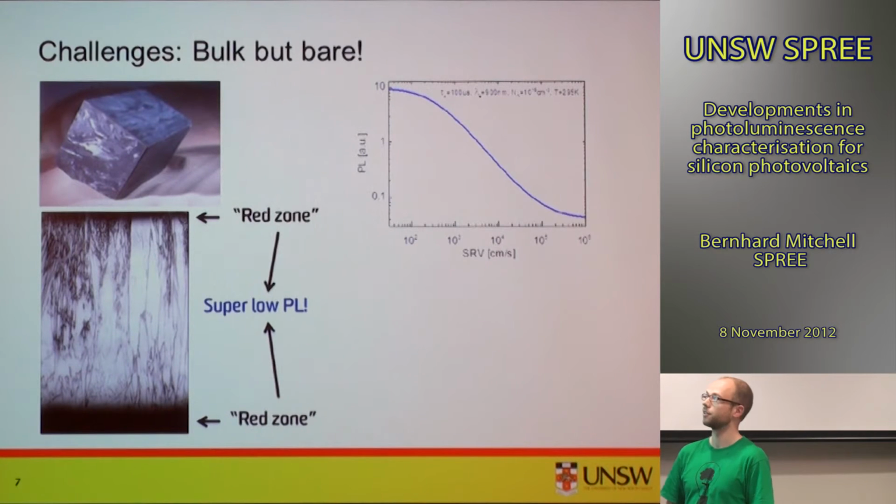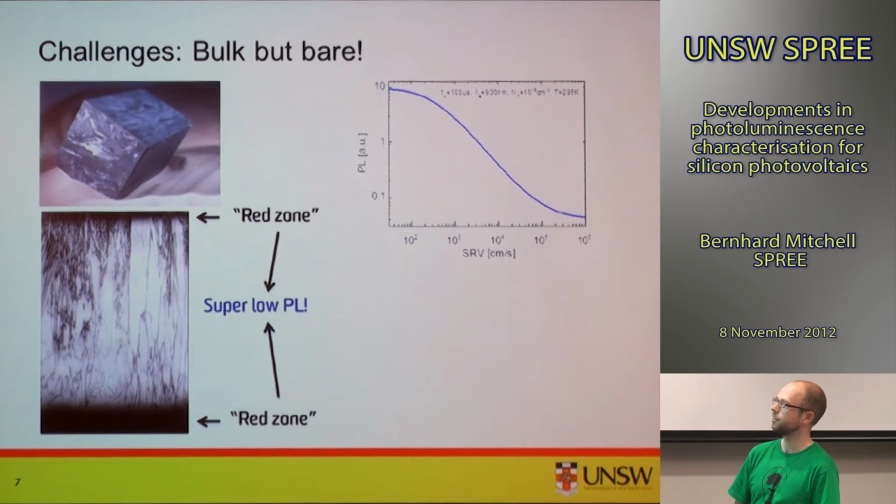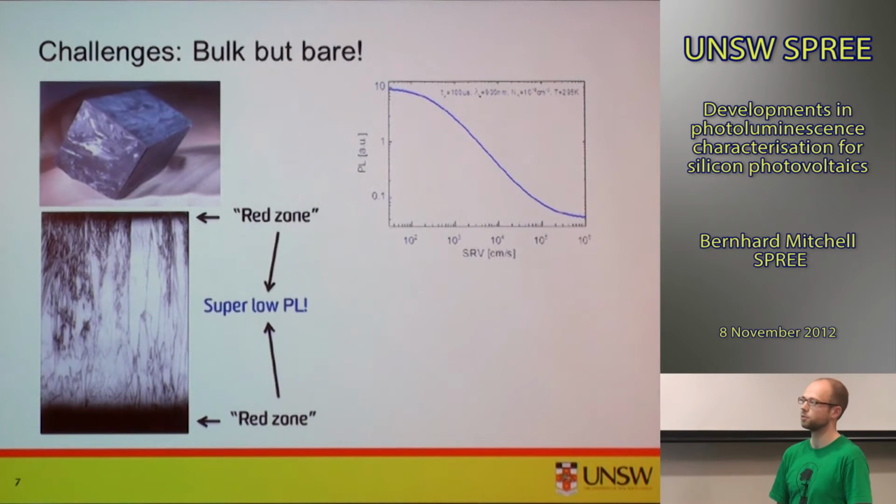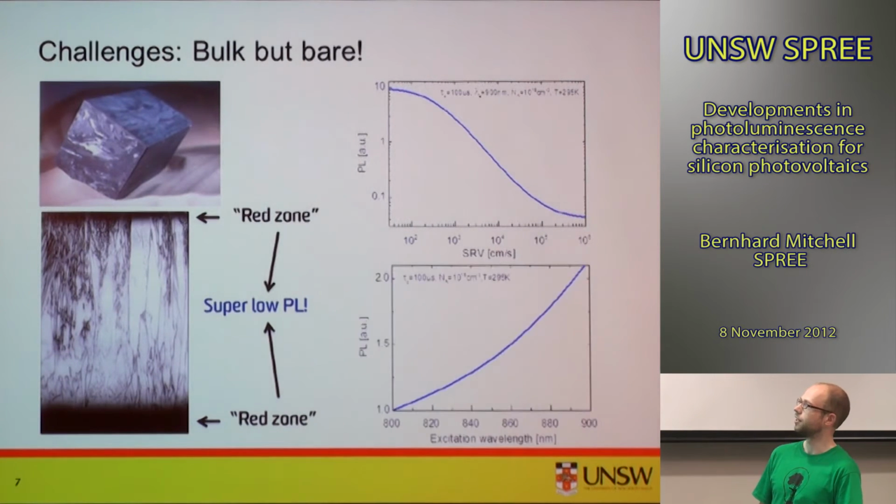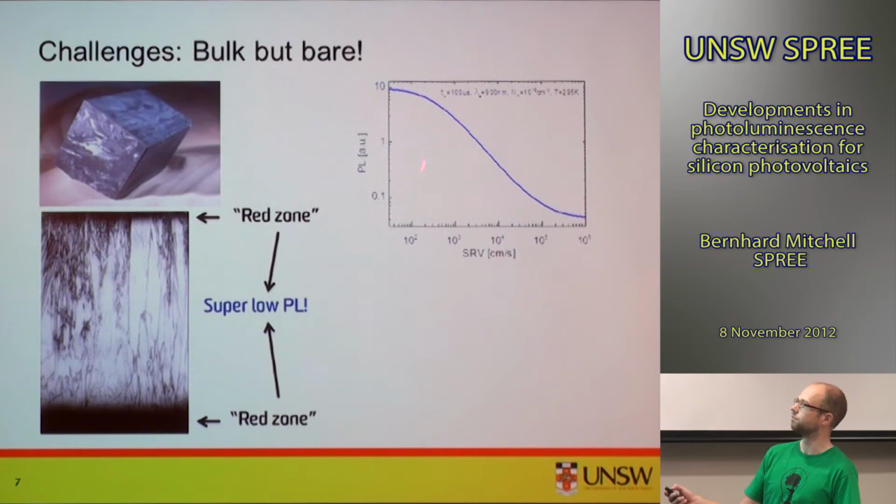I've calculated the PL signal as a function of the surface recombination velocity, and we can see that normally we have bare surfaces with surface recombination velocities of 10 to the 5 to 10 to the 6 centimeters per second.